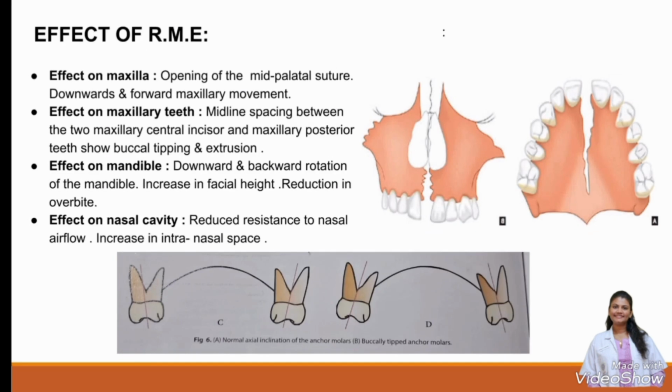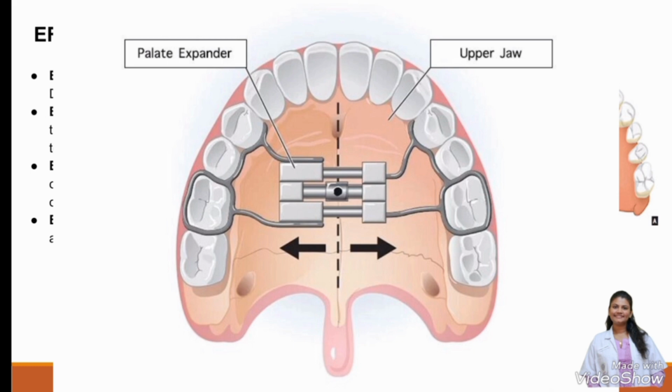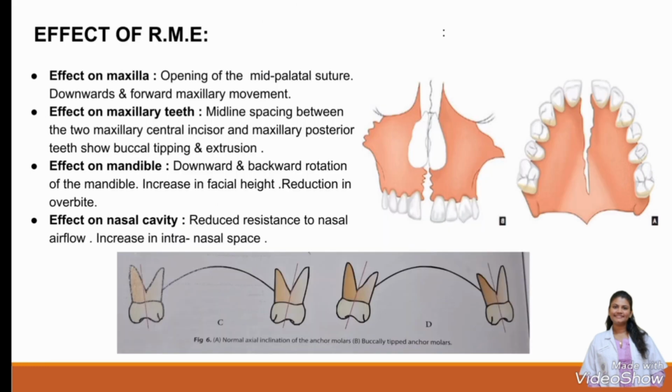Now we will see the effects of RME on the maxilla, maxillary teeth, mandible, and nasal cavity. First, the effect on the maxilla. On the maxilla, there will be opening of the mid-palatal suture and downward and forward movement of the maxilla. First of all, maxillary posterior teeth will be used as handles to apply a transverse reciprocal force, which will open the mid-palatal suture.